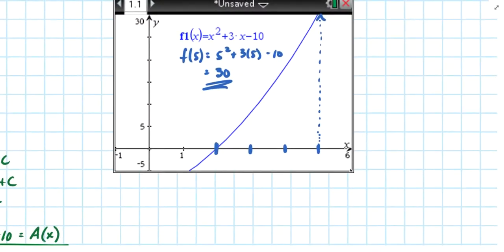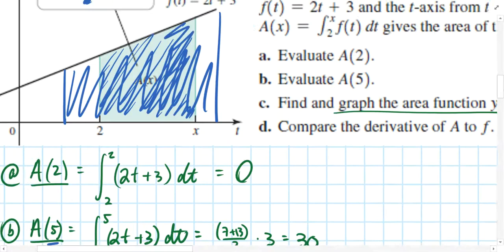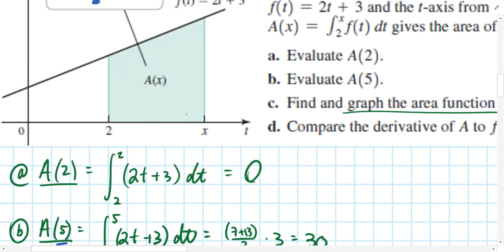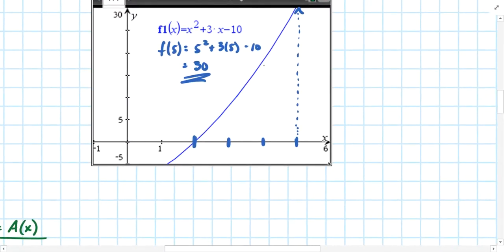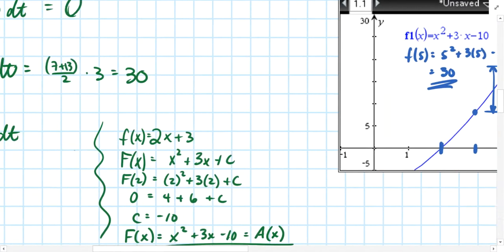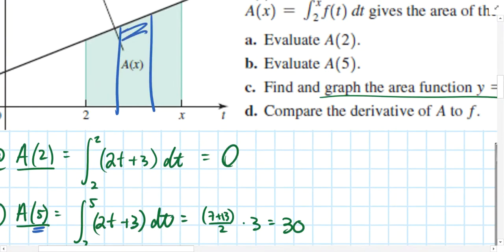So, for example, if I wanted to calculate the area underneath this curve between, say, 3 and 4, well, the area function at 4 and the area function at 3 can be evaluated, and the difference between those two would represent the area in between 3 and 4 in our original function.